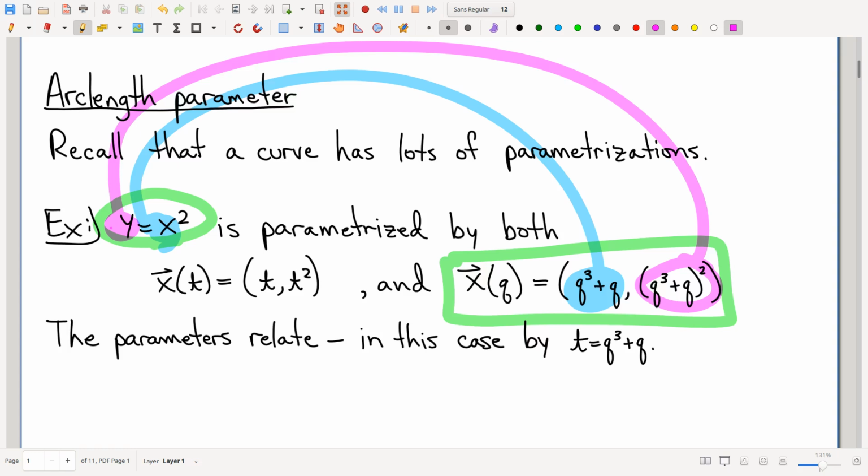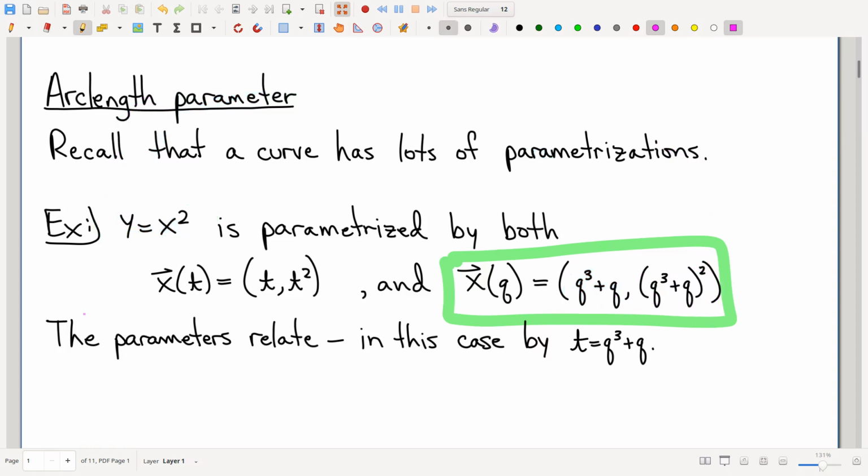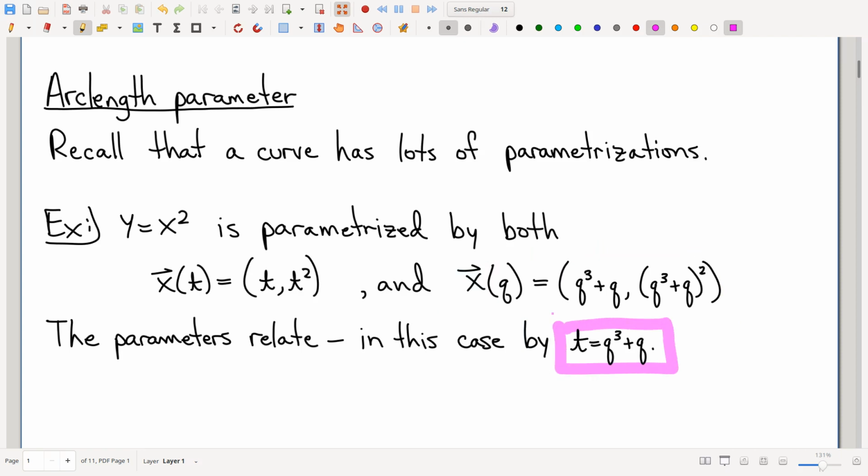Nevertheless, a perfectly reasonable, perfectly valid parameterization. Now, you can think of these as being independent of each other, but they're not in this case. And I don't want to get into the weeds of exactly under what circumstances you can do this. But the big idea I want to point out here is that there is kind of a substitution, you can think of it as, that turns the one parameterization into the other.